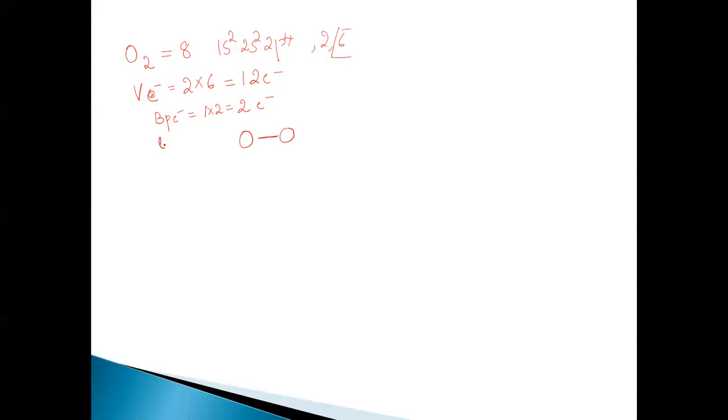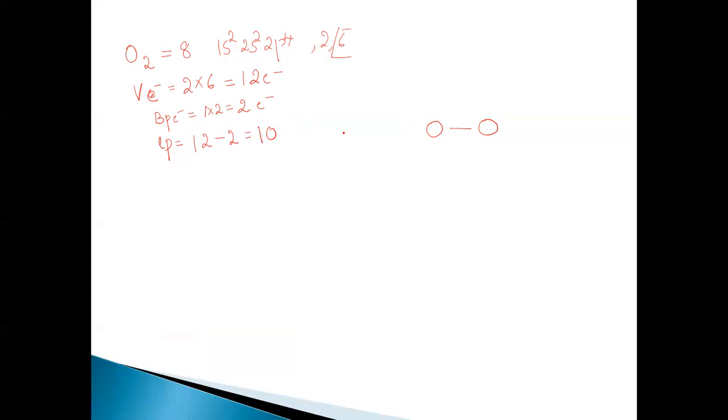To calculate the lone pair of electrons, the valence electrons minus the bonding pair of electrons is 10 electrons.